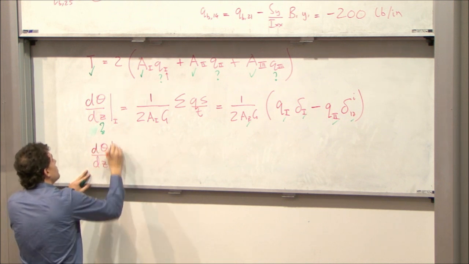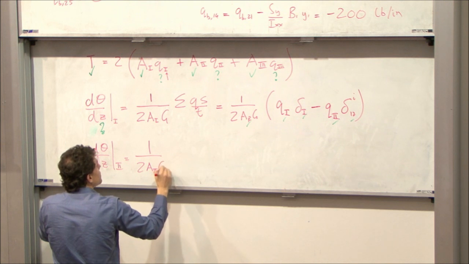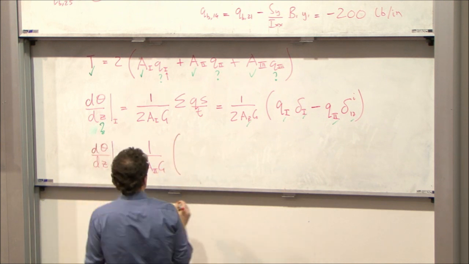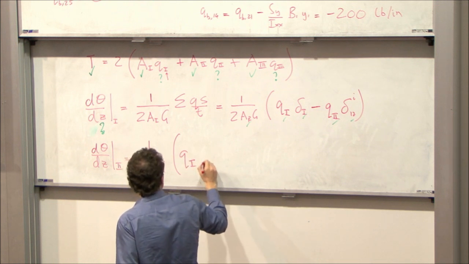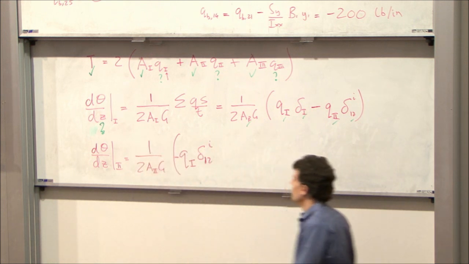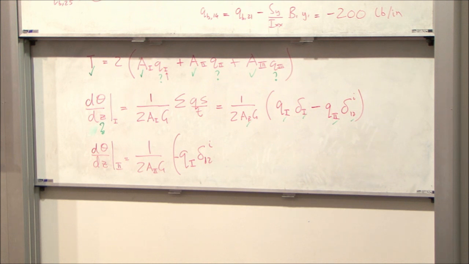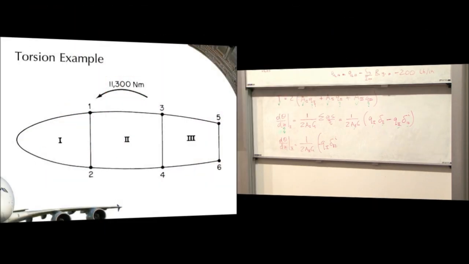d theta dz 2: we've got minus Q1, and then delta R minus 1 R is the wall between R minus 1 and R, which is delta 1, 2 inner.